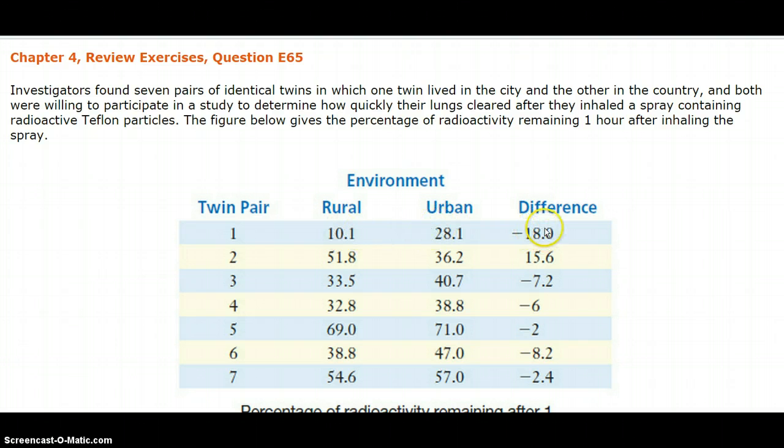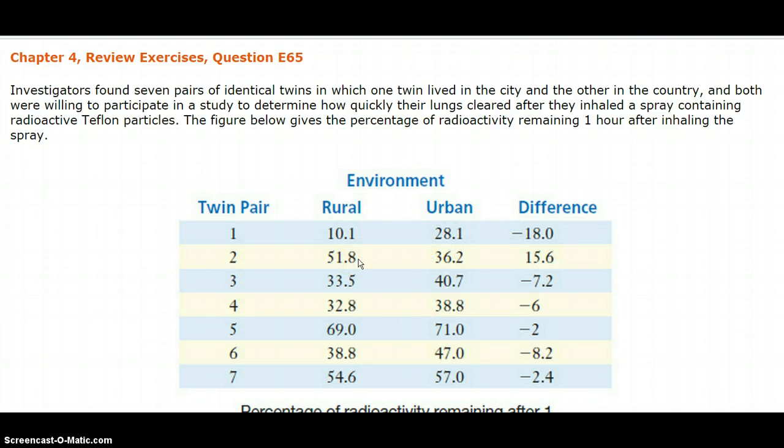And so what we do then is take a difference. So this is in terms of the rural, so we'd have 10 minus 28 gives us negative 18. So in other words, the rural twin was 18 percentage points lower.